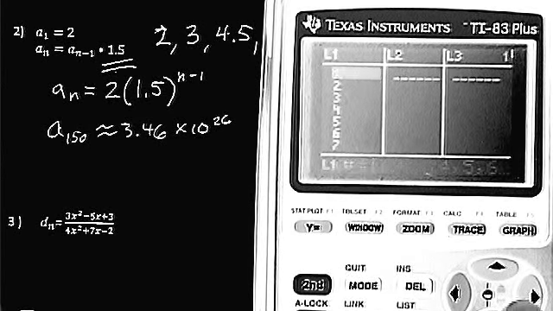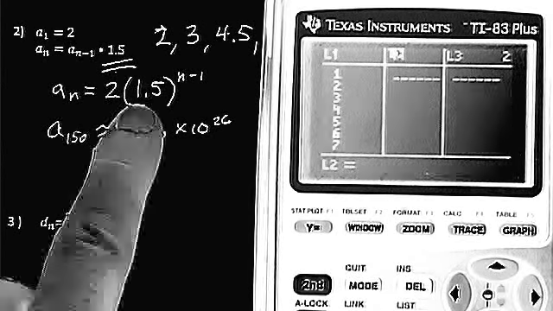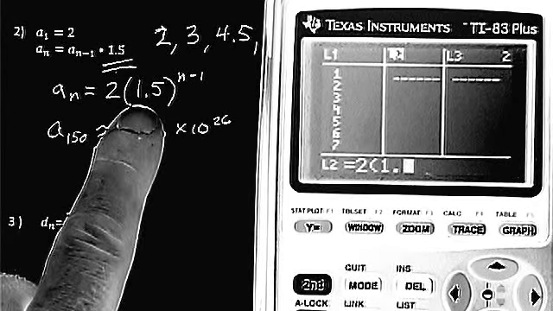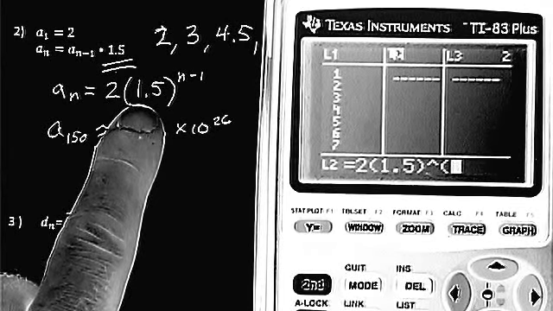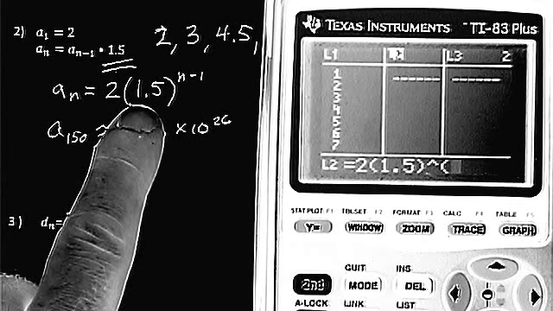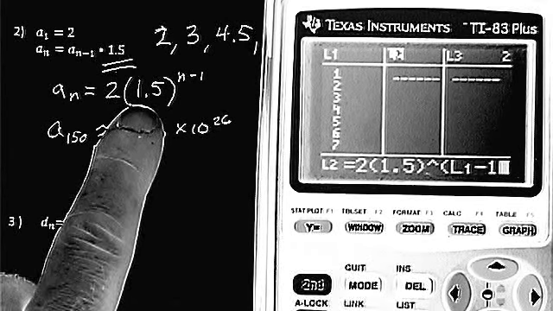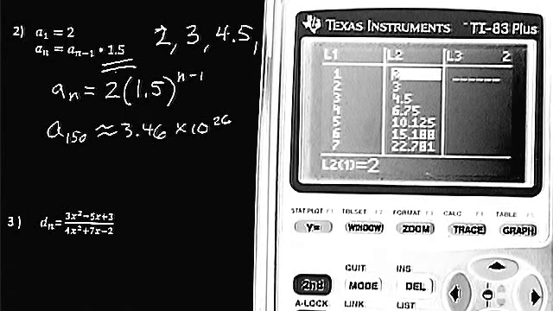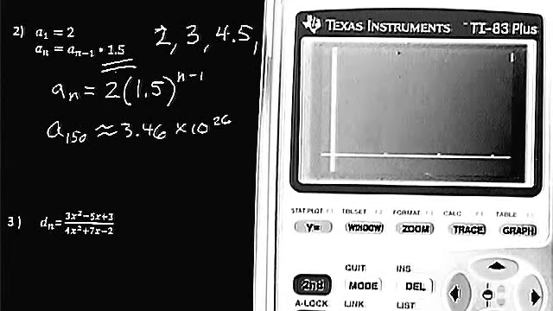Okay, let it use those values, 1 through 30. And now I can use this, 2 times 1.5 caret, and use parentheses around the exponent, list 1 minus 1. Okay? Take a look at the graph, and if we do a Zoom 9, why don't I have to go back and set up the scatter plot again? Because it already is set on list 1 and list 2.